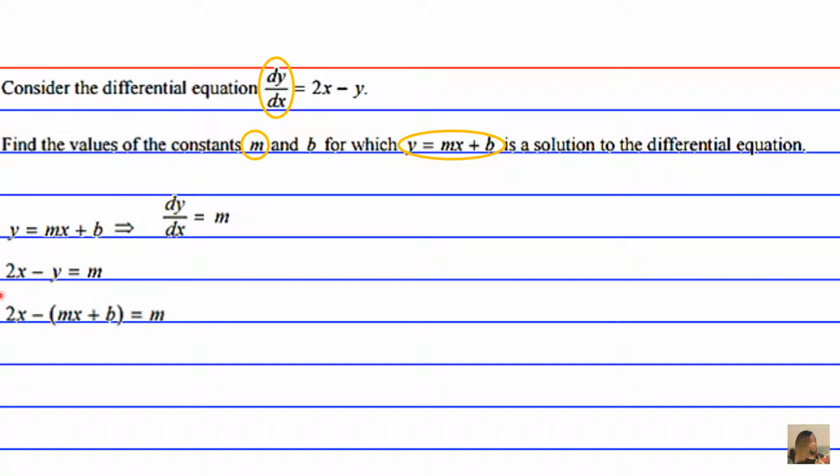So we can go ahead and combine the 2x plus minus the mx minus b, because we went ahead and distributed the negative sign to these two. And what we can further do, let me show you what I'm talking about. So this is what we're going to do.